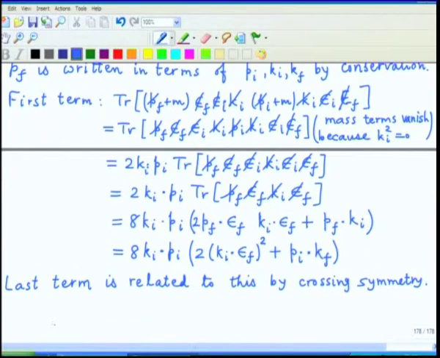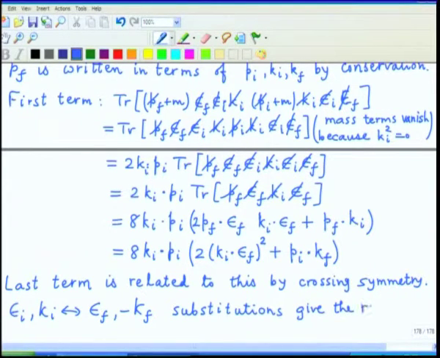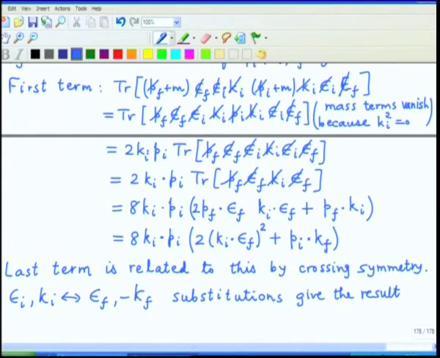So, the substitutions in that particular case was epsilon I, k I got interchanged with epsilon f and minus k f, and so the contribution is now easily written down it is 8 times Kf dotted with Pi.